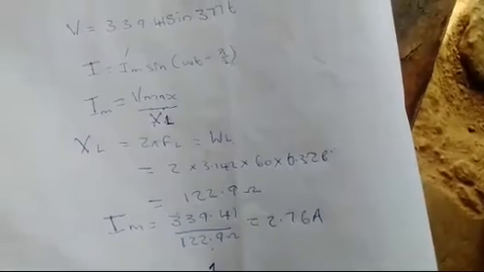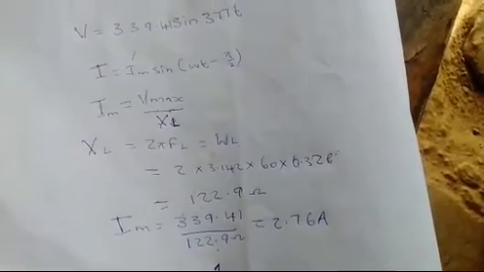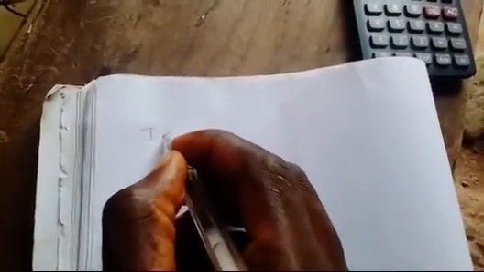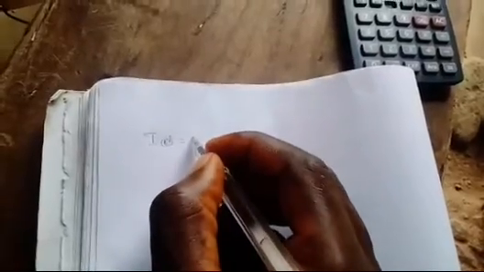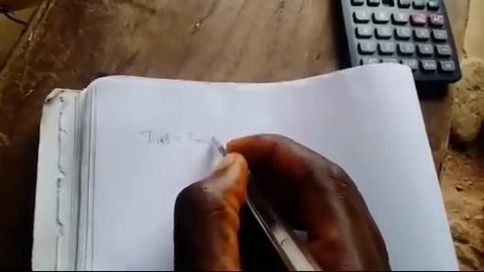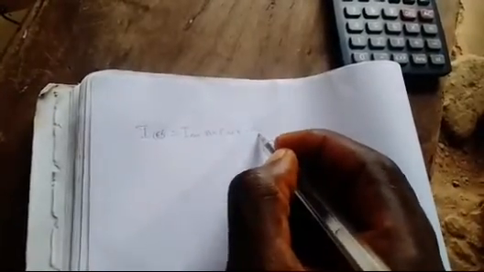It's going to give us 2.76 amperes. So the resulting current for the time equation is equal to Im sin Wt minus pi over 2.